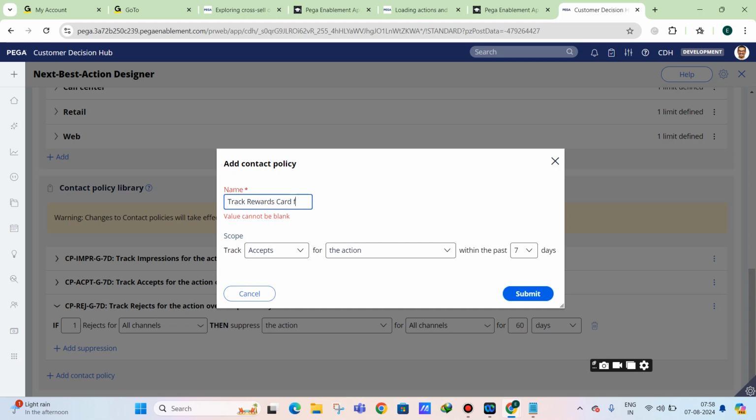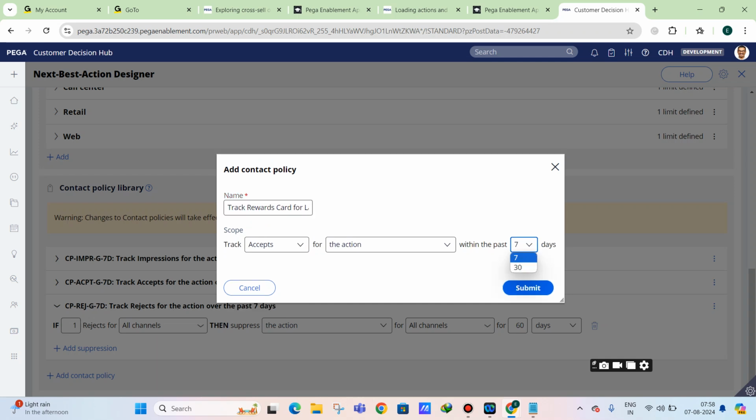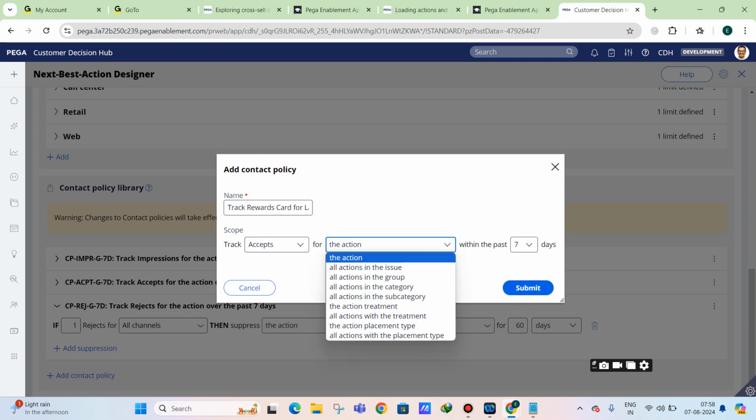So let us say track rewards card for last 2 days. I'm selecting here, and here I'll just say track the accepts for the action within the past 7 days. So here I have all these options. In the previous versions you have only three options: track the action, track the actions in the issue, track the actions in the group.